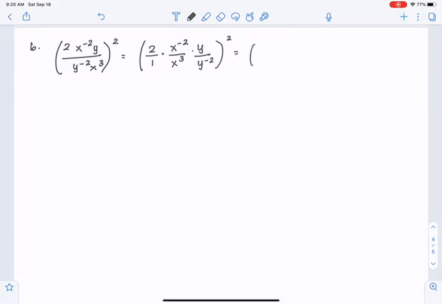So 2 over 1, I can leave it as is. I can move the x raised -2 to the denominator. That would become x raised 2 times x raised 3. Move y raised -2 to the numerator. I'll have y times y raised +2.